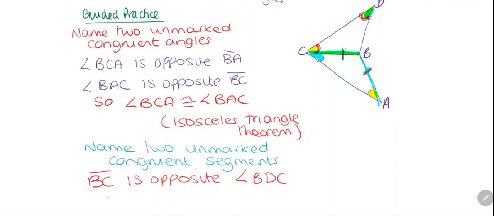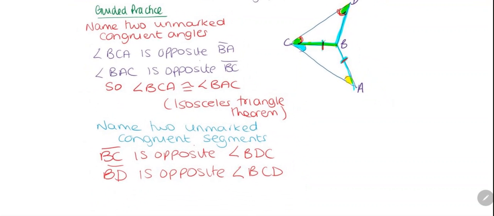And then we can say that BD, this one here, is opposite angle BCD. So segment BD is opposite angle BCD.